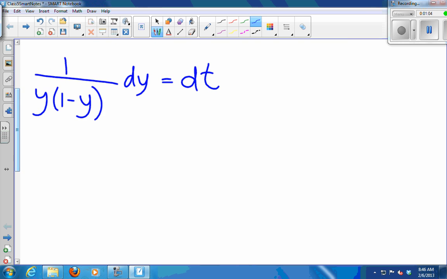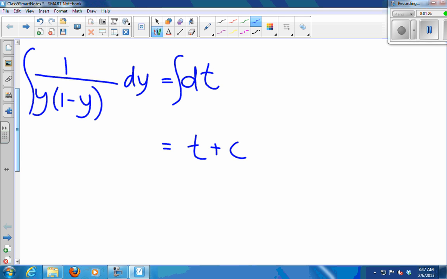Right, and then I integrate both sides. This side is obviously t plus c. And the left side, I'm going to do partial fractions, because it is written as a factor. So I'm going to go to a new slide, do partial fractions, then I'll come back and finish integrating.